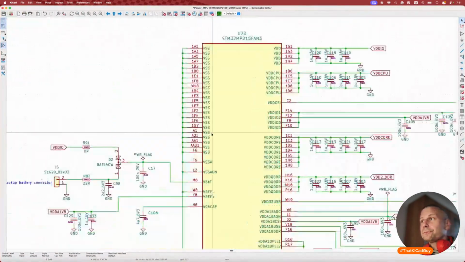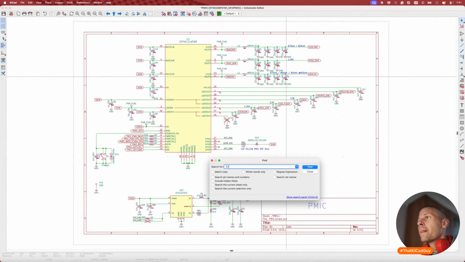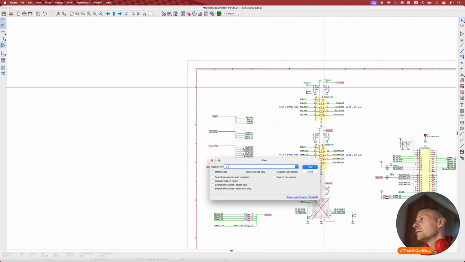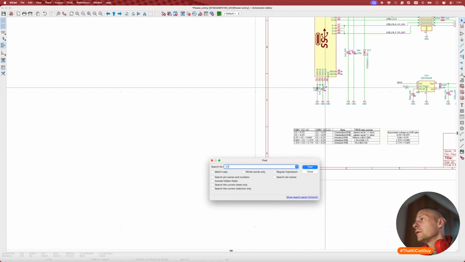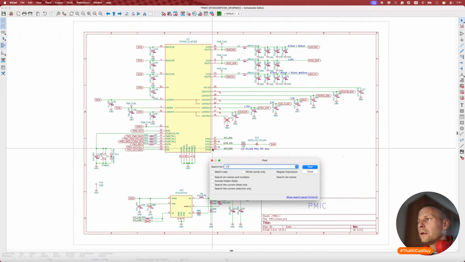C7. Where is C7? Yeah, I think below this dialog.